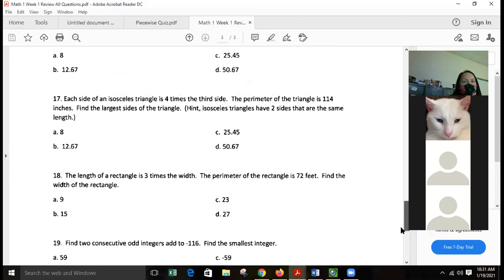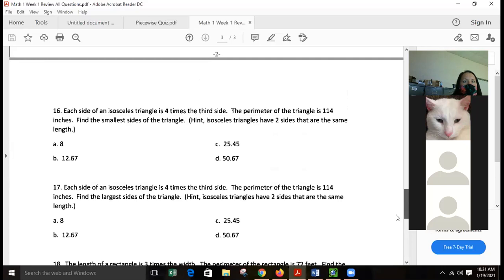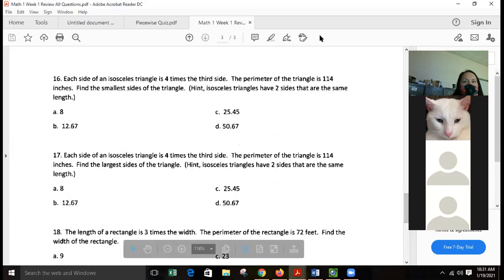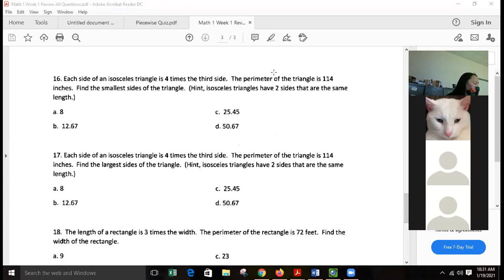All right, perimeters. It says each side of an isosceles triangle. So there's triangles and rectangles. Let's start with 16.